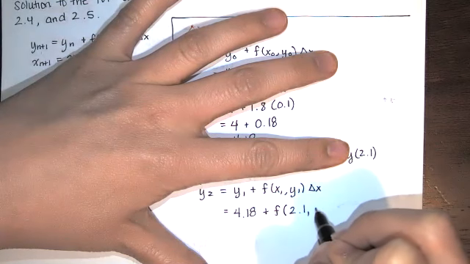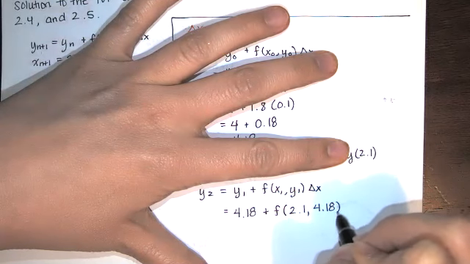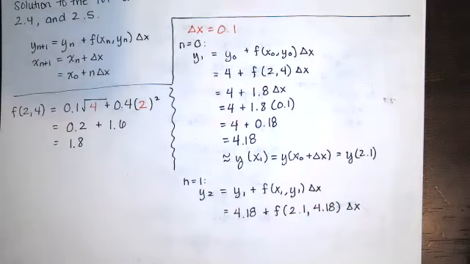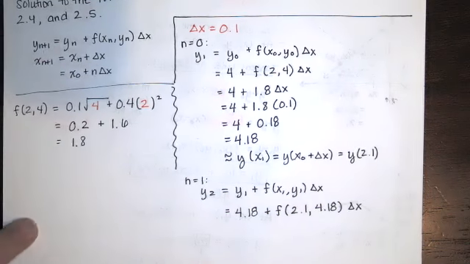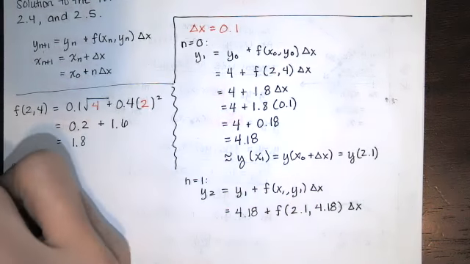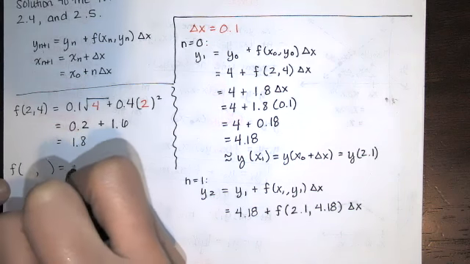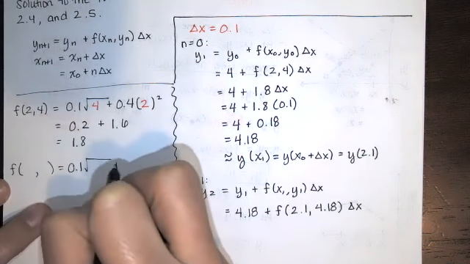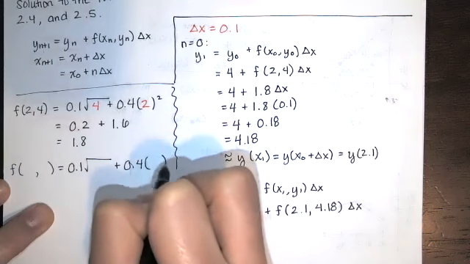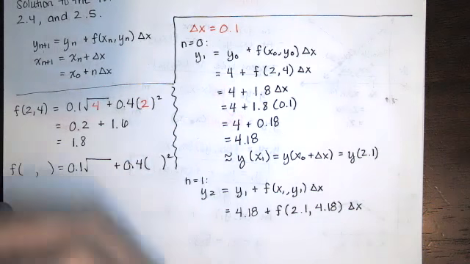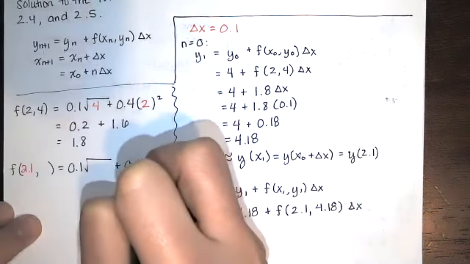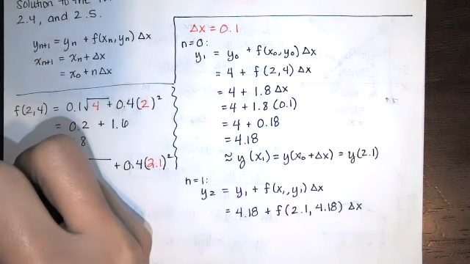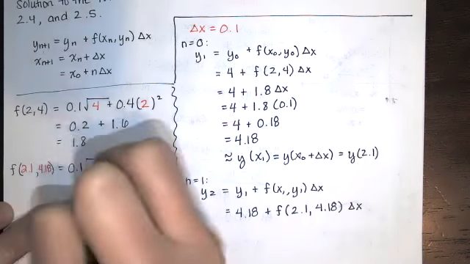X is 2.1, y is 4.18 at that location, and we multiply that by delta x. To find this slope, I will evaluate this expression over here. You've got 0.1 times the square root of y plus 0.4 times x squared. Now you're just substituting in 2.1 for x and 4.18 for y.